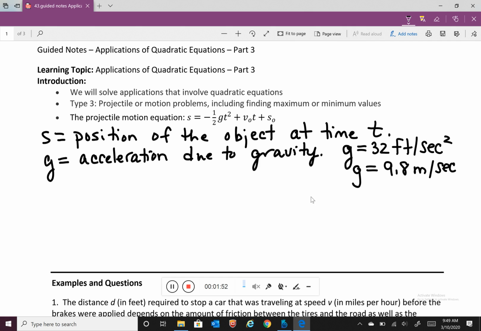So you're going to have to be aware of your units. T is time, and that is in seconds.